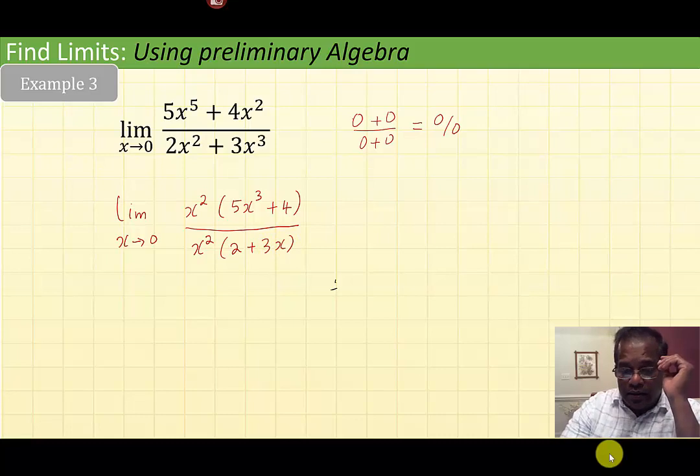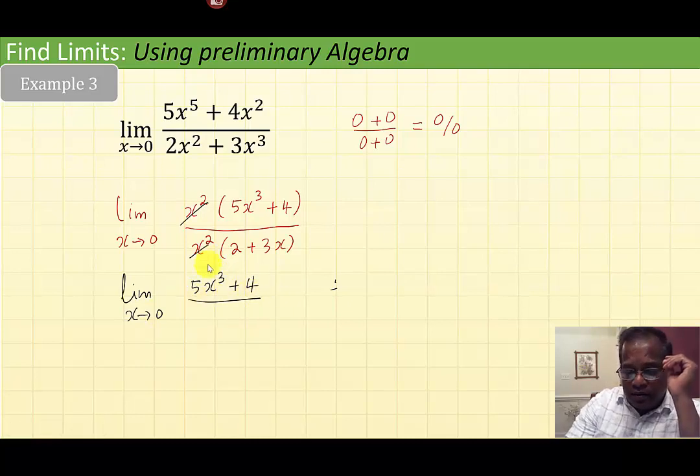Now clearly x squared cancels out, so this is equal to limit x approaches 0, 5x to the 3rd plus 4 over 2 plus 3x. Now we can do direct substitution over here, or we use the limit rule.